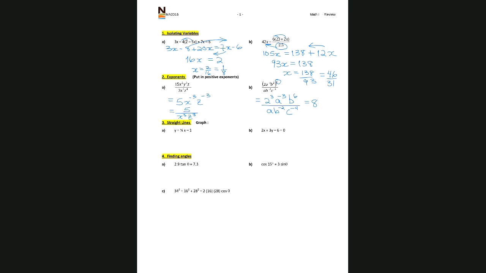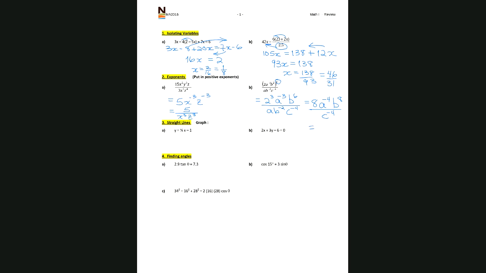So a to the negative 3 divided by a, so that's negative 3 minus 1. b is 6 minus negative 2, so we have an addition here, 6 plus 2. The c, I'll leave it in the denominator because it's the only variable left.